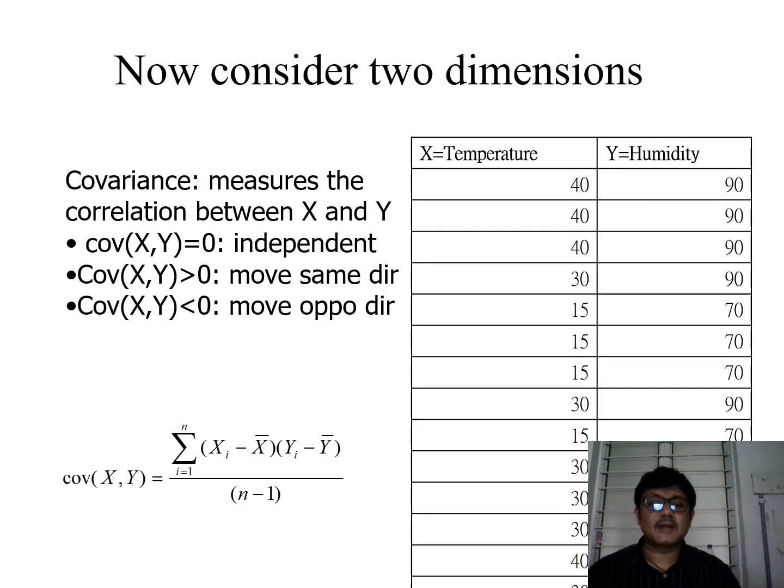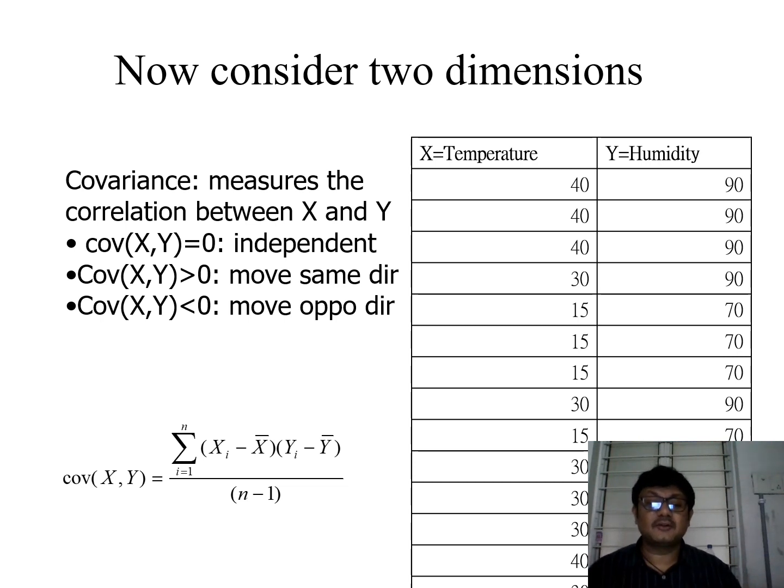Now consider two dimensions. Along with temperature, we here consider humidity also, on the y-axis. So covariance measures the correlation between x and y, how x and y are related with each other.